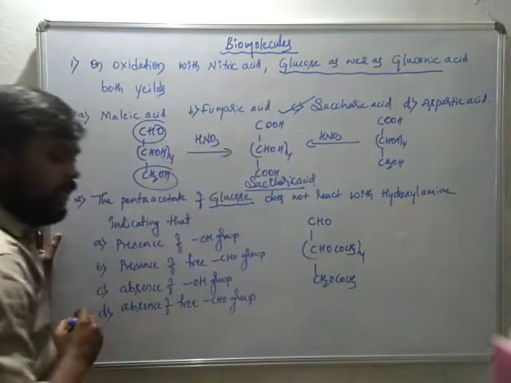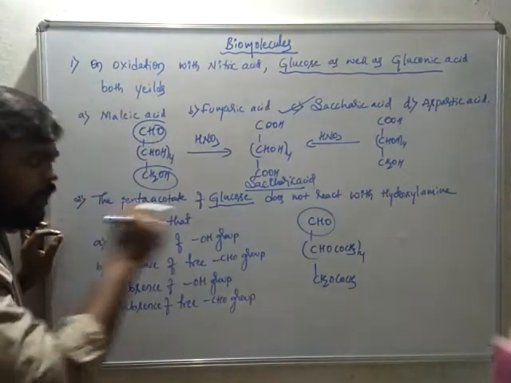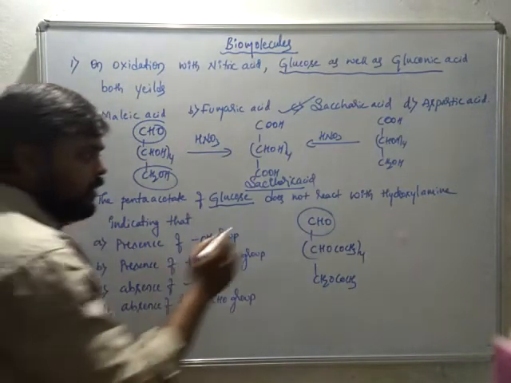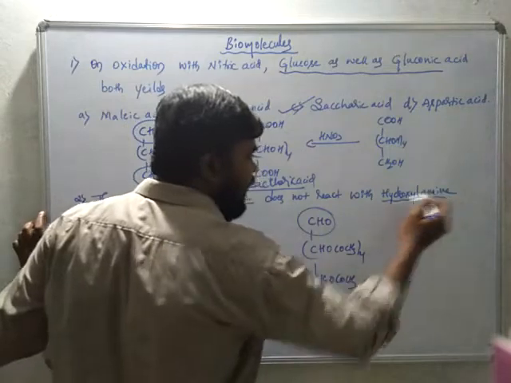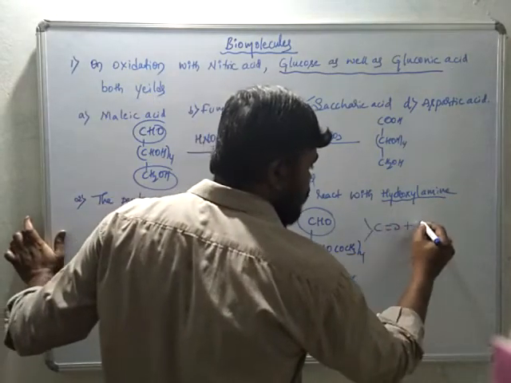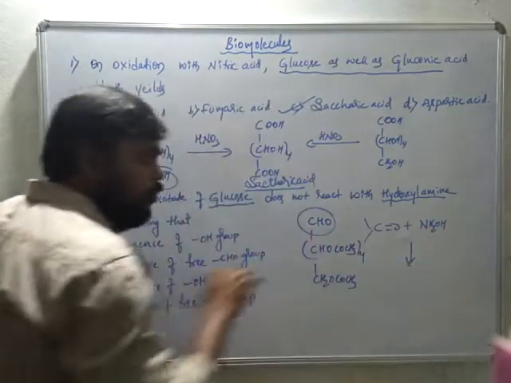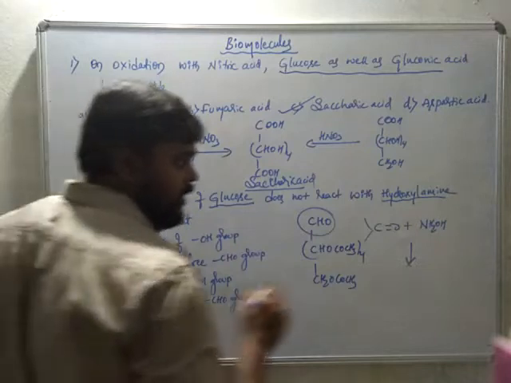This is glucose pentaacetate, containing one aldehyde group. This aldehyde group does not react with hydroxylamine. We know that any carbonyl compound reacts with hydroxylamine, undergoing addition followed by elimination, that is, a condensation reaction.